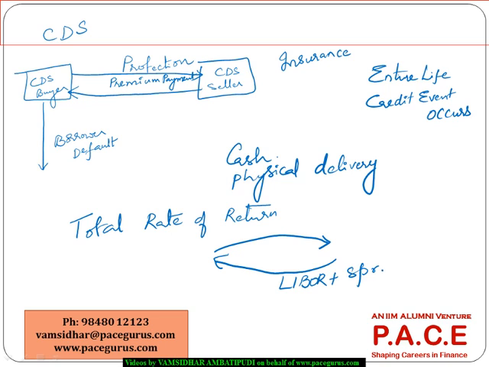So the bond is exchanged using this kind of mechanism. There is a capital gain or loss along with the coupons that are involved in the process. So it is similar to an instrument, the underlying security in exchange for LIBOR plus spread.